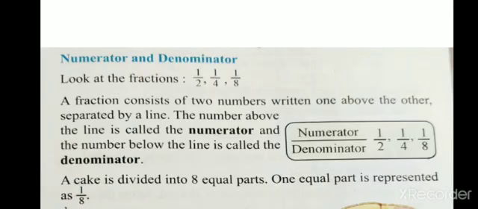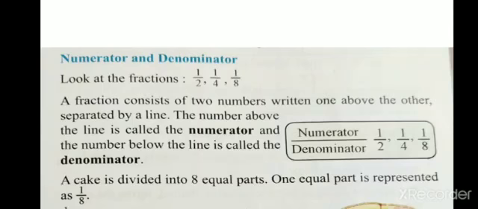See, look at the fractions. Here there are 3 fractions, 1 by 2, 1 by 4 and 1 by 8. There are 2 numbers in each fraction. One number is below and one number is above.